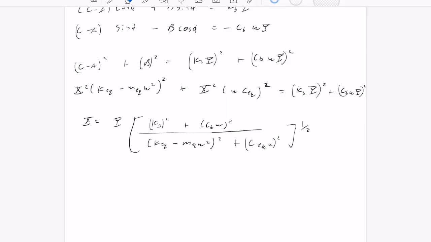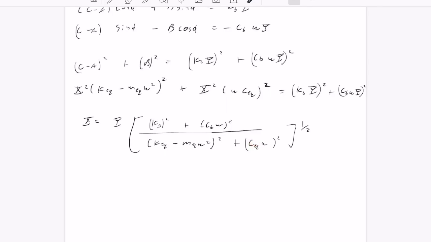And I'm going to write this a little neater. So let's talk about the differences. In the previous examples, this K was the same as KEQ. They were both the same values. This time, KB and KEQ could be different values. The same thing here. This is CB, where down here this was C, and they were both the same value. This is the damping of the base, and this is the equivalent of the system, and they're different values.